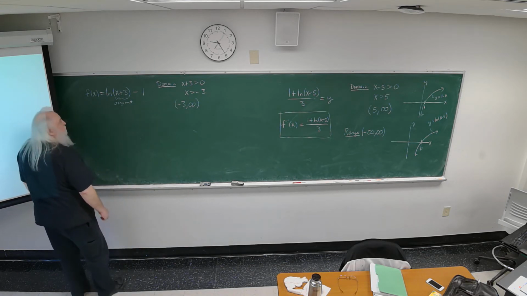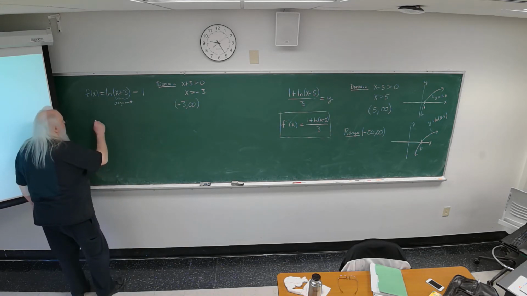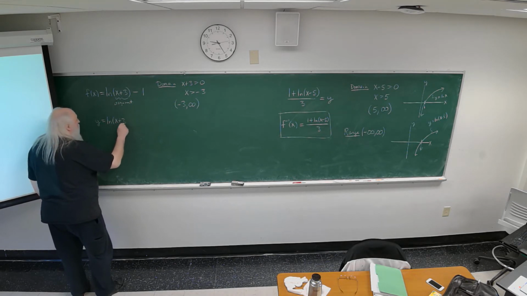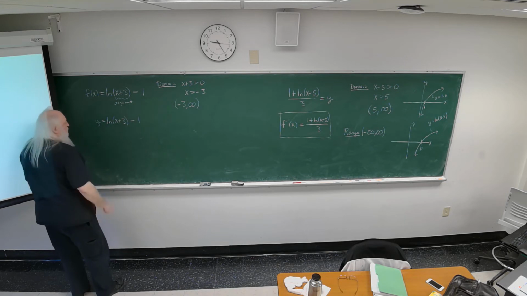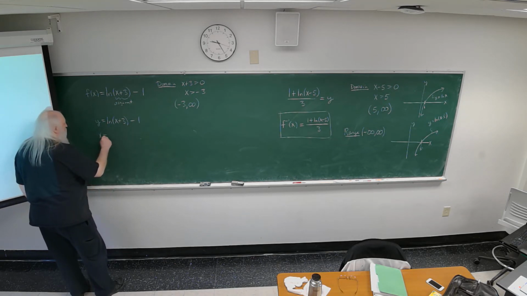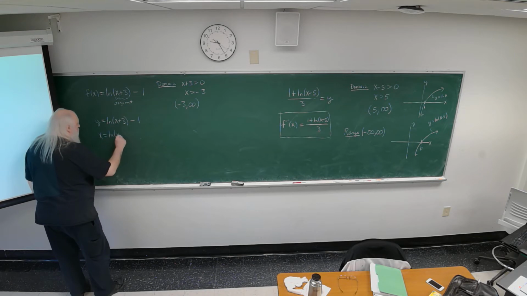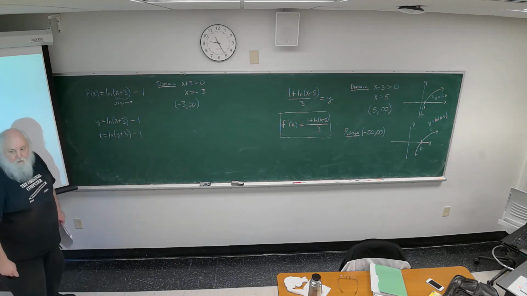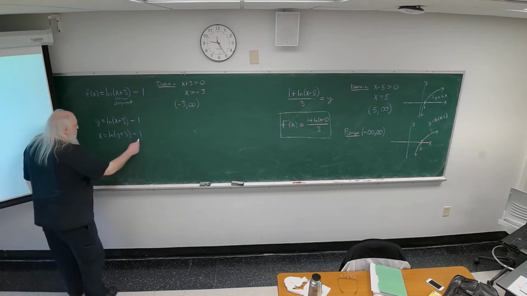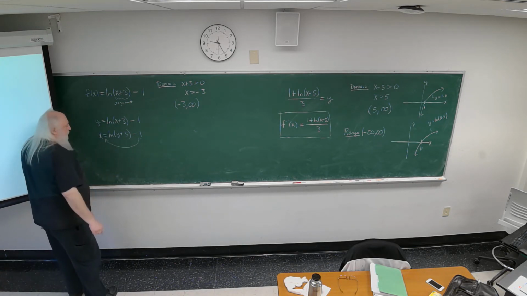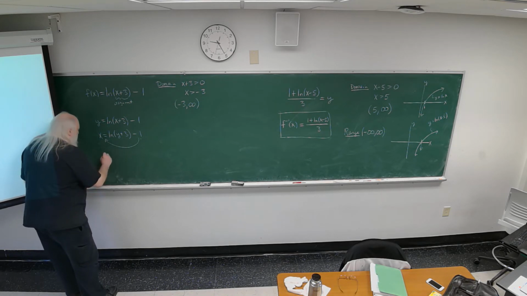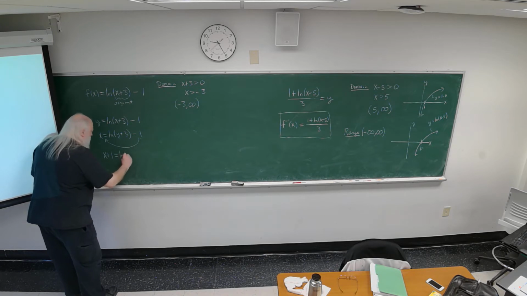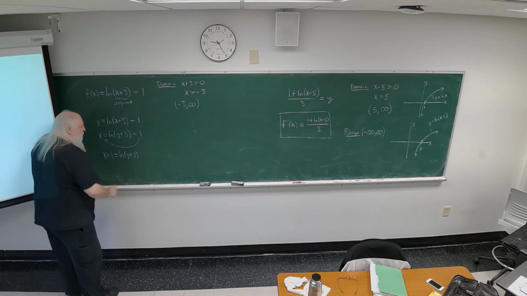So to find the inverse function, first replace f of x with y. Now we switch x and y. And now we solve for y. I can move the minus 1 to the left-hand side by addition. And so I have x plus 1 is equal to the natural log of y plus 3.